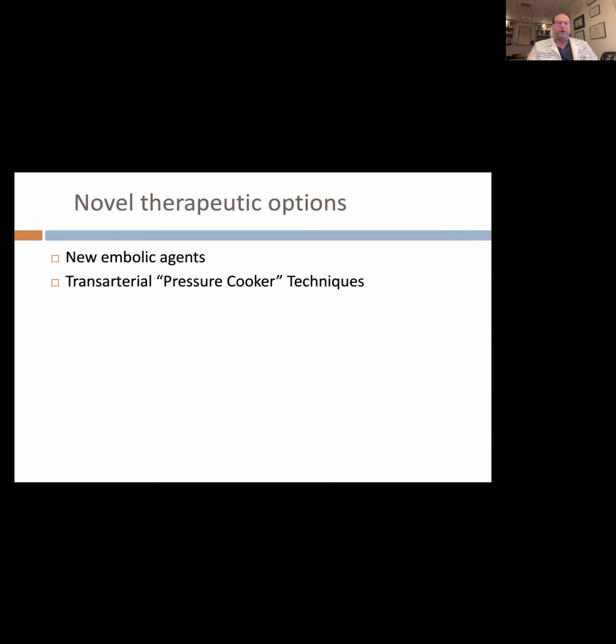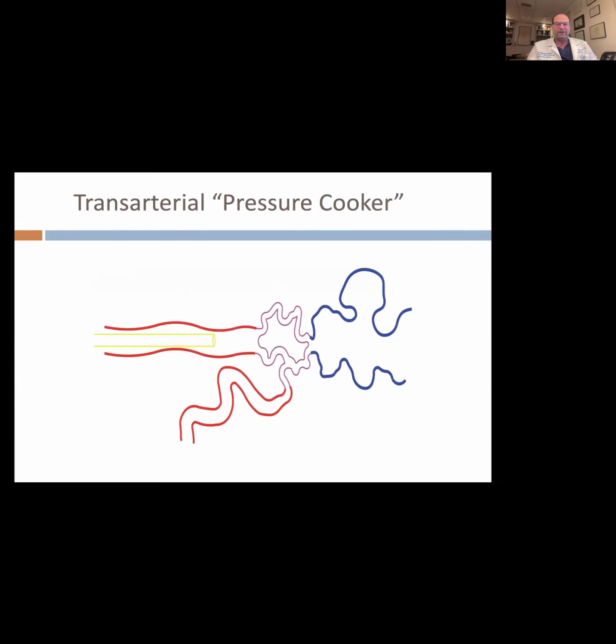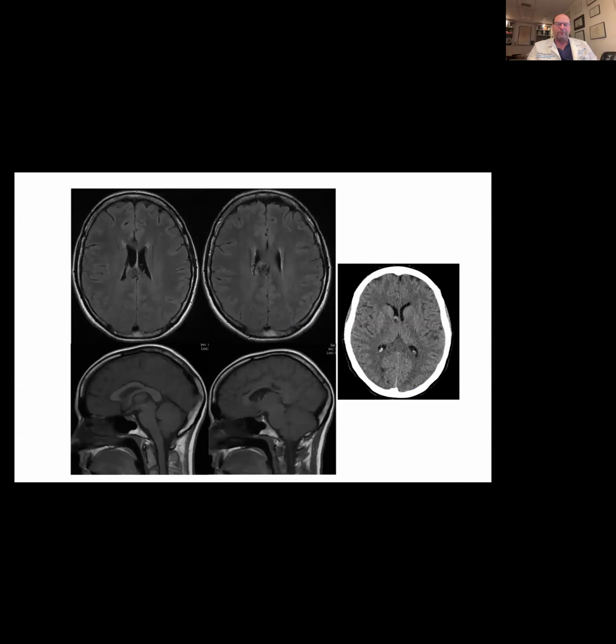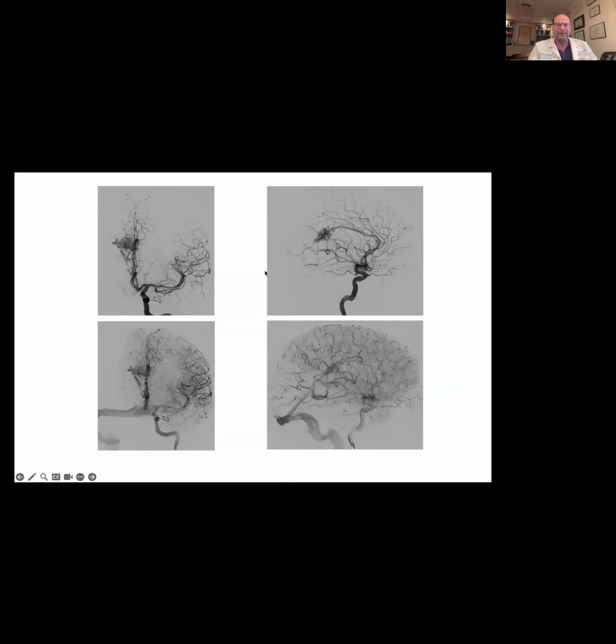Okay, what about new techniques? Very briefly, we have now the possibility of preventing us from having too much reflux. Patient here with a brain AVM. We see there's the feeding artery.